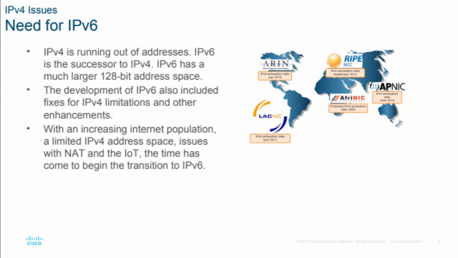Now more people are using the internet, and IoT devices. Also because of the issues with NAT, with IP version 4, you need to use NAT for your subnetting in order to reach the internet. So it is more practical to move into IP version 6, and it's gradually being moved.